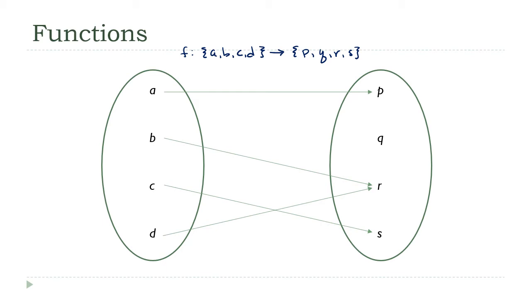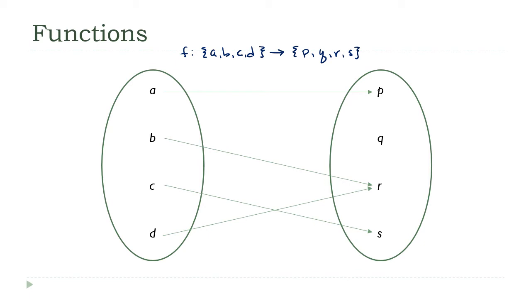Now the first thing I want you to notice is that this does meet the two requirements for a function. Every element in the domain, all four of them, gets paired with a value in the codomain, and no element in the domain gets paired with more than one value. Okay, so now let's think about all of those terms back in the definition. First, the range is all of the values in the codomain that actually have a matching value in the domain.